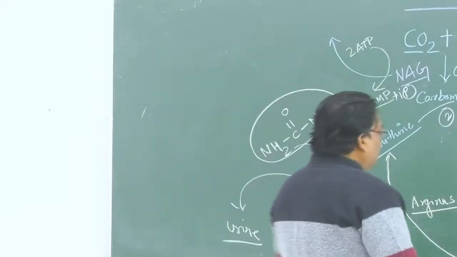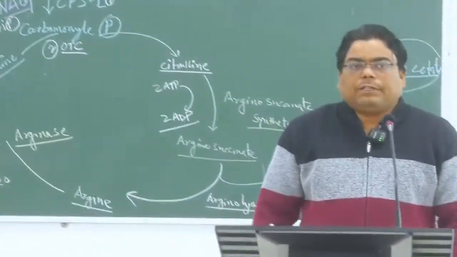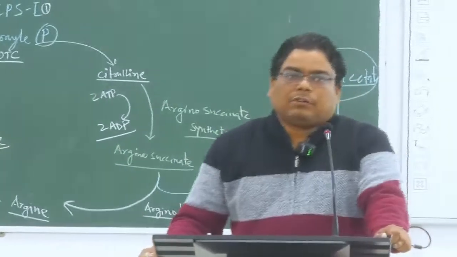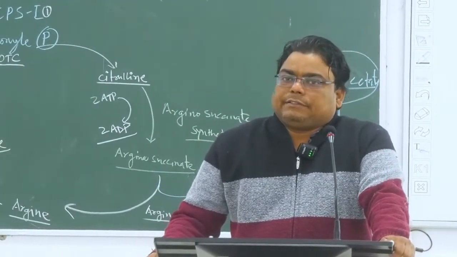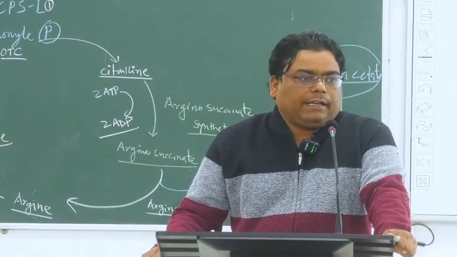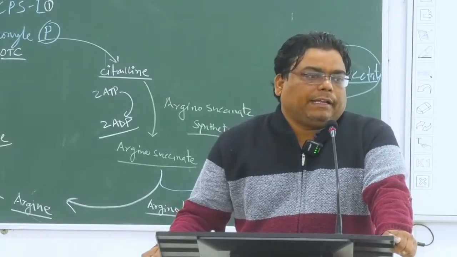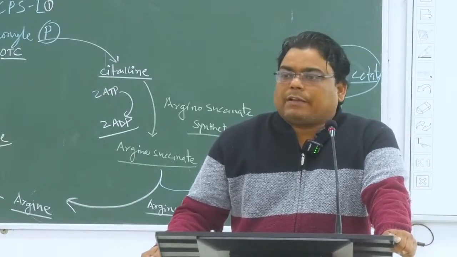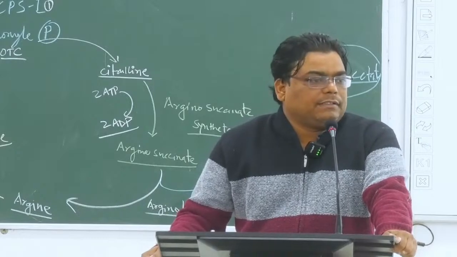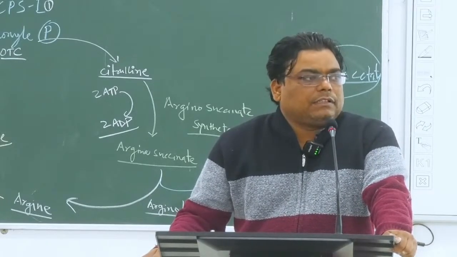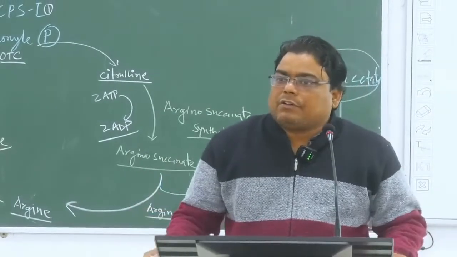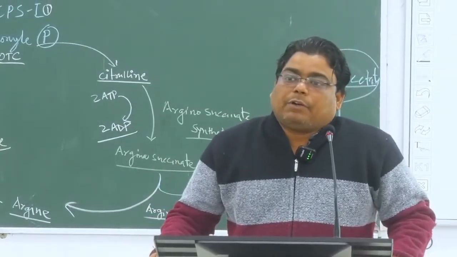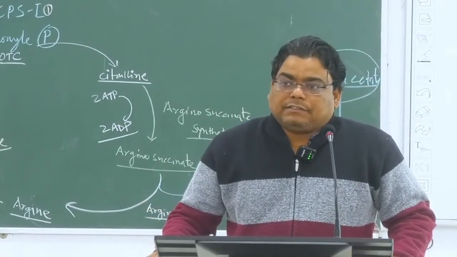So what is the clinical application? What is the importance of this cycle? From the urea cycle, we remove the excess amount of urea from the body through the kidney. First thing, it is happening in the liver. Patients who suffer from acute liver disease, chronic liver disease, or liver cirrhosis have accumulation of ammonia, which causes ammonia intoxication.